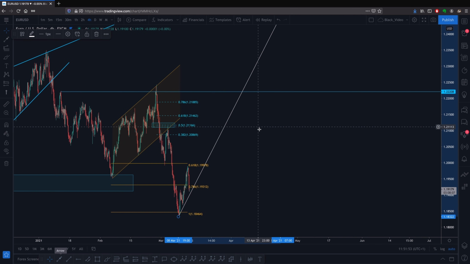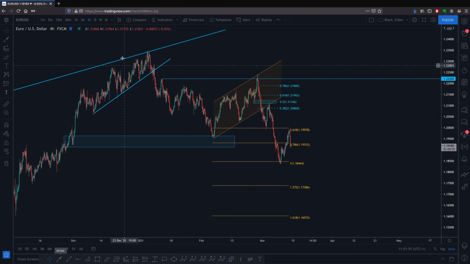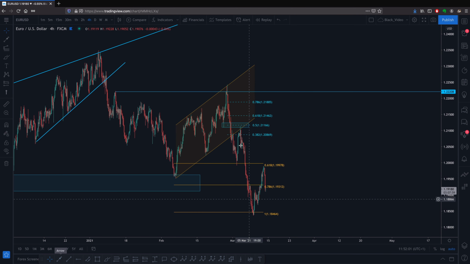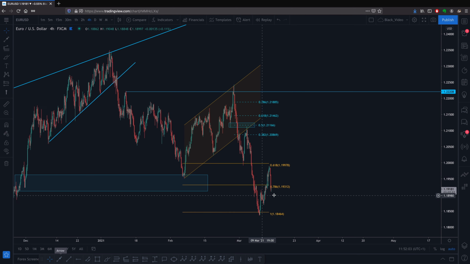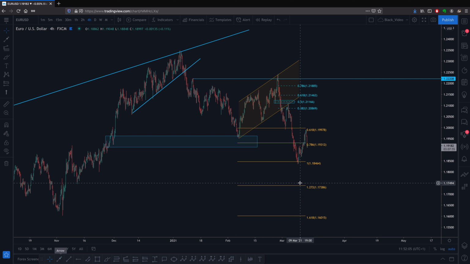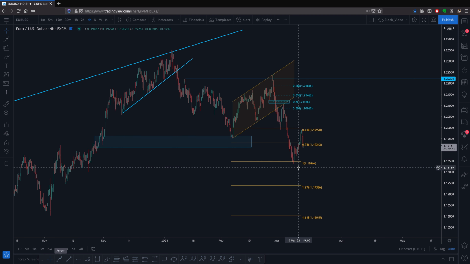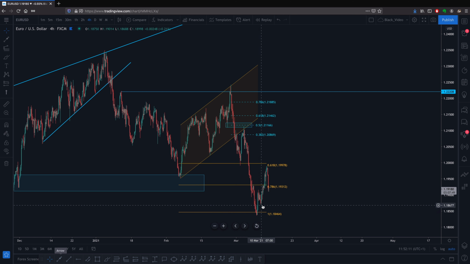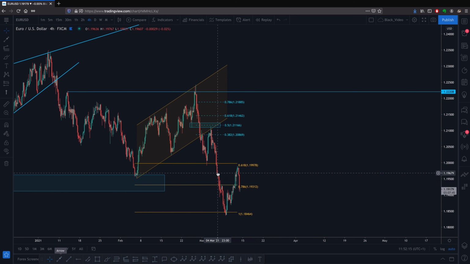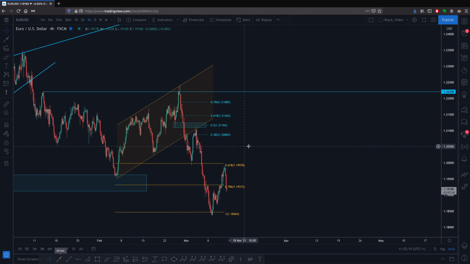So we would target an extension of the first corrective move to the downside, and this would always be the 100%. So the 100% extension is the perfect target. You might get an extension of the correction like to the 127, but the 100% is a really, really great target, because if we break this low impulsively, what we did, it's most likely to push to the 100%.